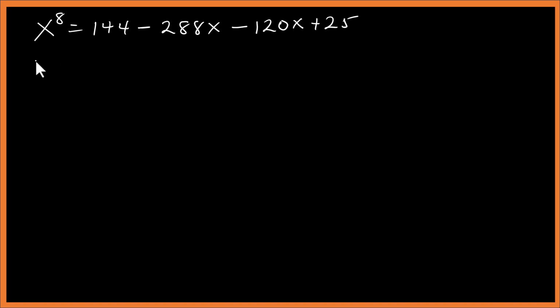So x to the power 8: 144 plus 25 will be 169, then minus 288 and minus 120, so that will be minus 408x.